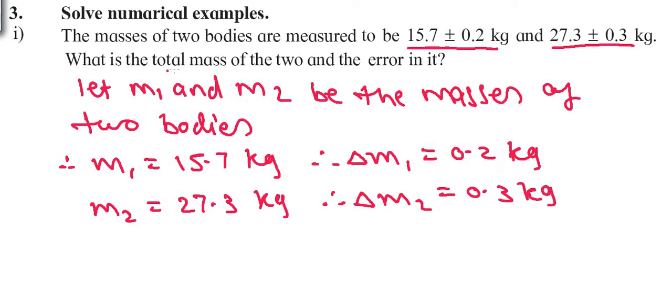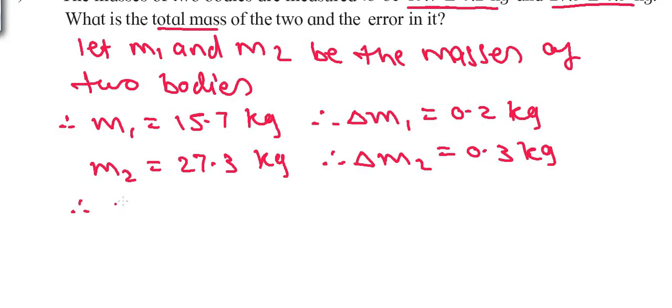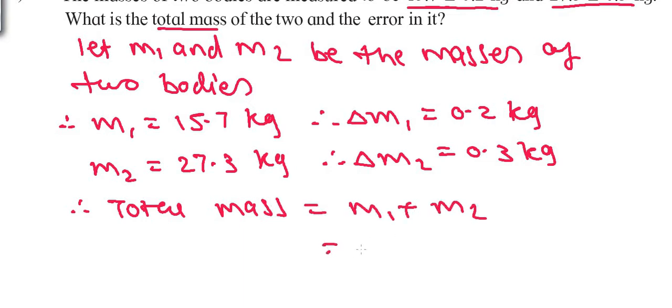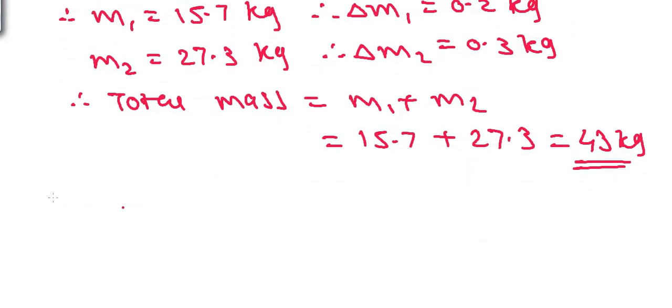Now we need to find the total mass. Therefore total mass is equal to m1 plus m2, that is equal to 15.7 plus 27.3, that is equal to 43 kg. So this is the total mass of the two bodies, 43 kg. And now error in the total mass.